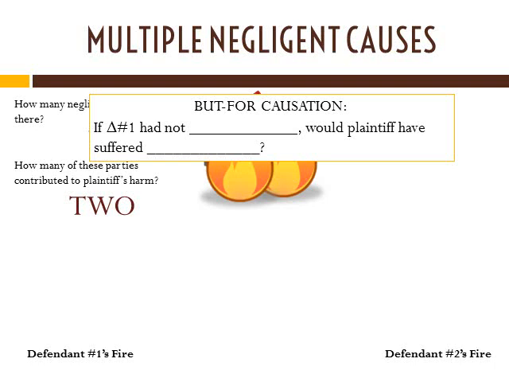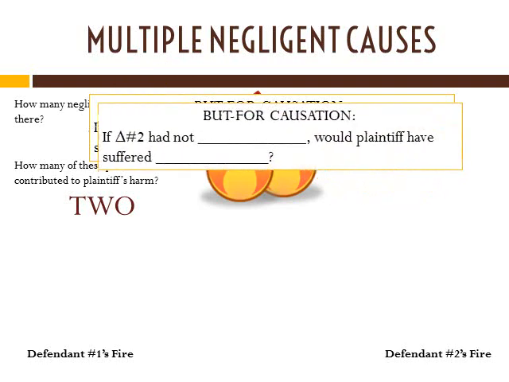Well, defendant 2's fire would have gotten there, and maybe, probably, I don't know, it might have burned it down anyway. And then, of course, we can ask the same question about defendant 2. If he had not started the fire, would defendant 1's fire have burned down the house?